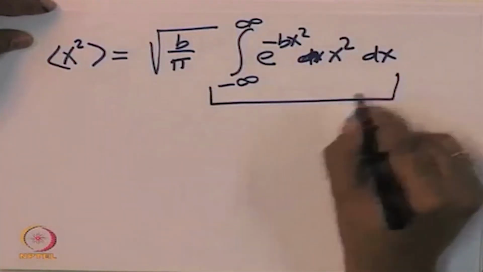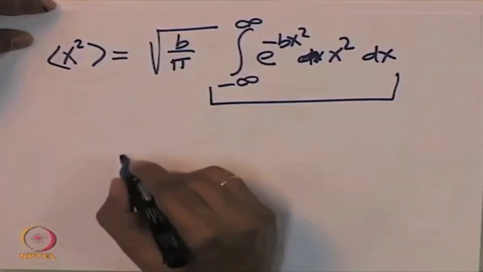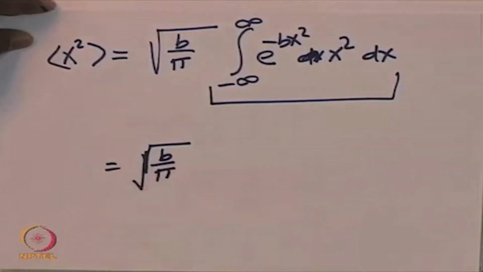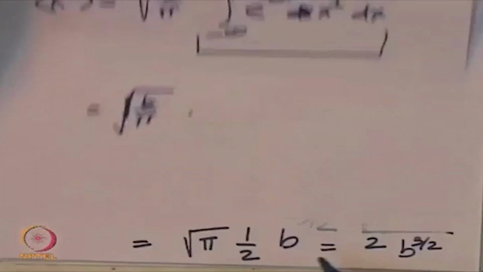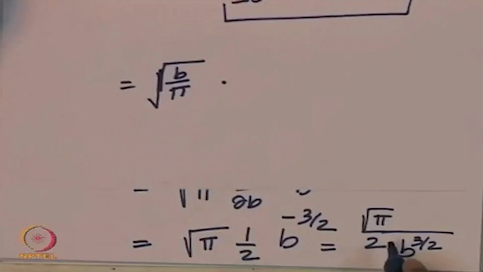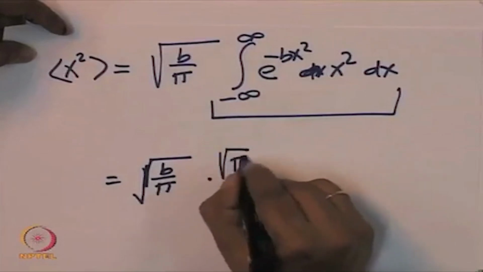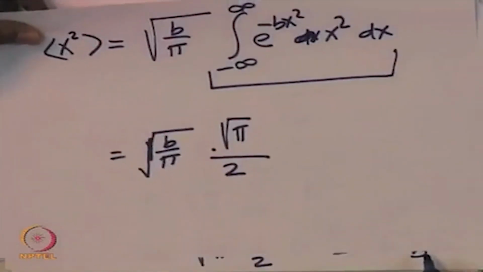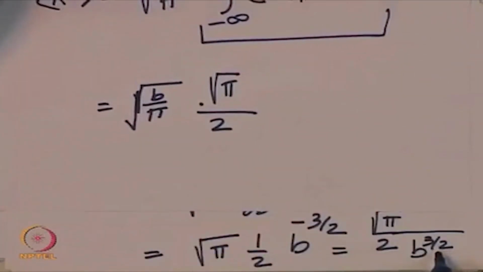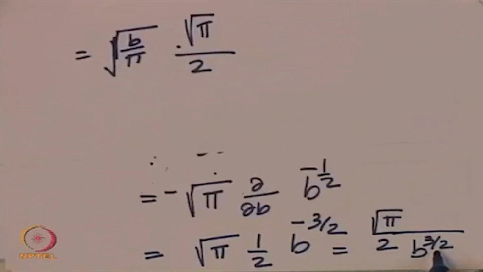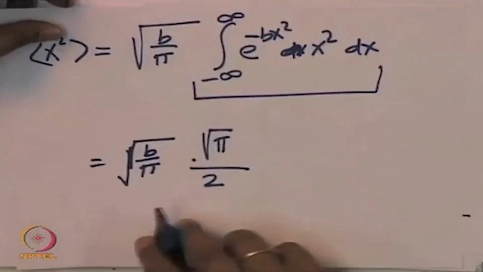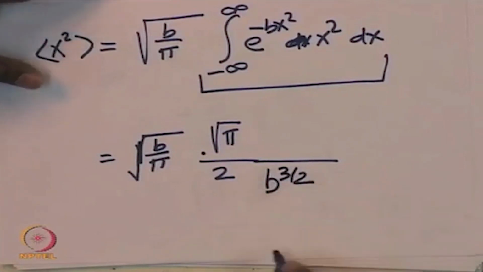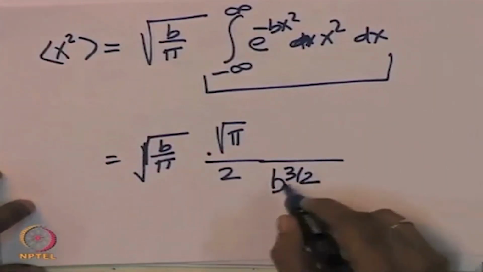So, this part we just found, so this is equal to root of b by pi into root pi by 2 b power 3 by 2. b power 3 by 2 can be written as b into root b if you wish.